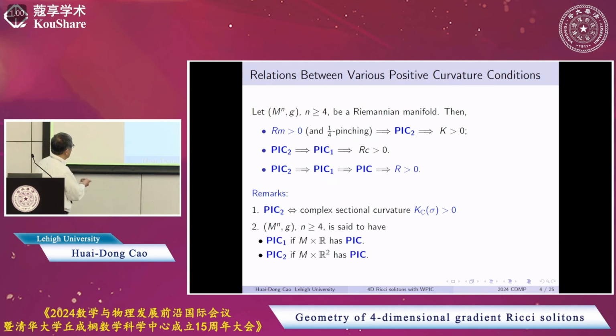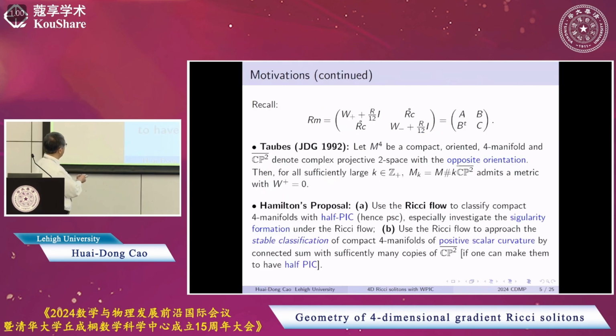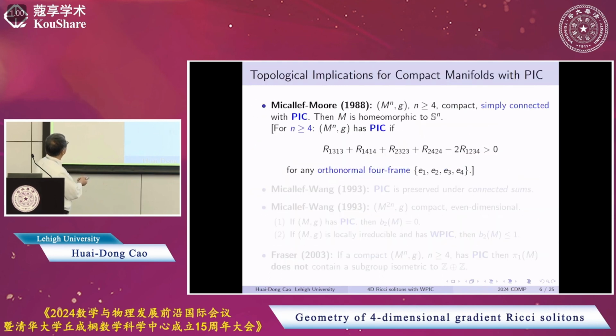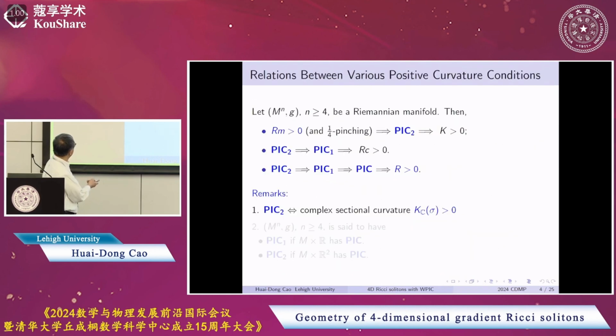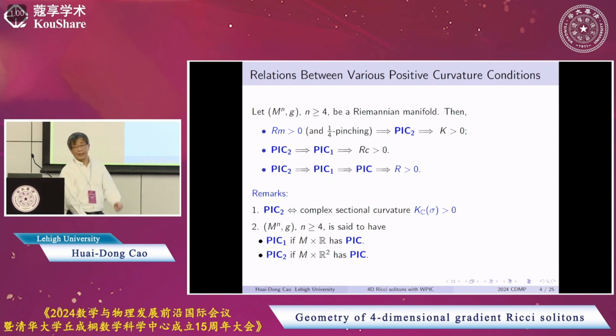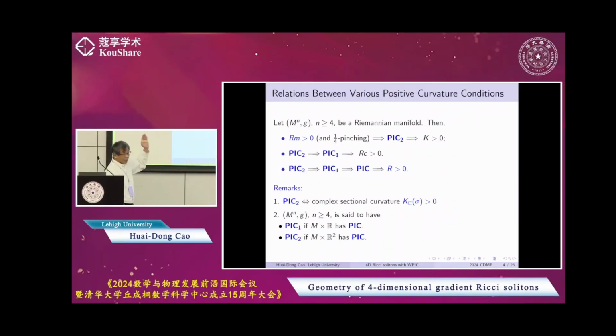And by PIC1 means the manifold cross the real line is PIC, and PIC2 is the manifold cross the plane R2 is PIC.